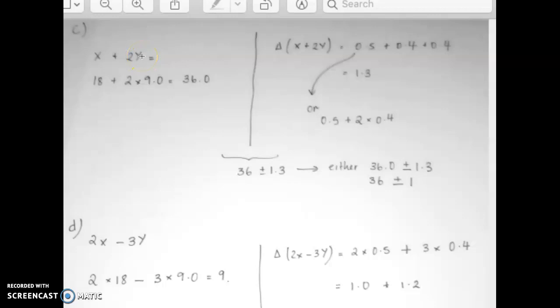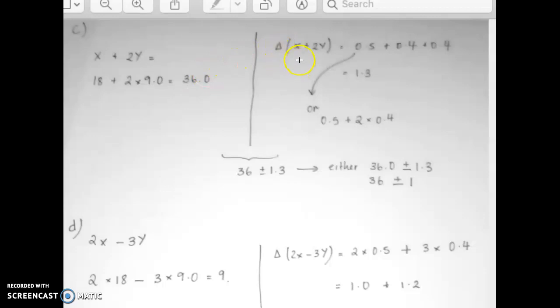add the absolute uncertainties. So the first thing we need to do, and I've got that separated on the left side of the paper, is actually work out this calculation. So if we take x, which is 18, plus 2y, and add them up together, we end up with 36. So now we've got the answer, we can now work on the uncertainties.